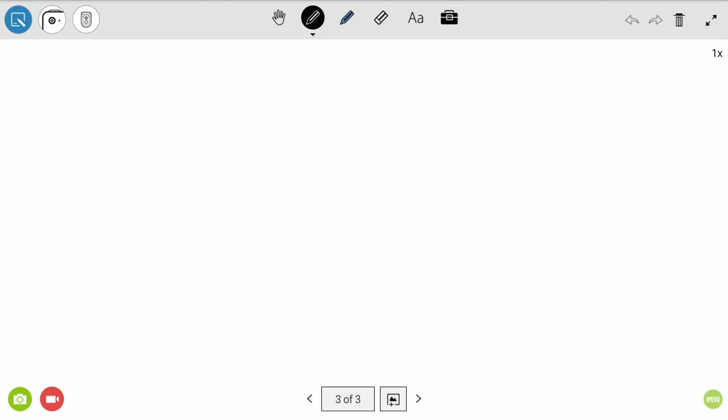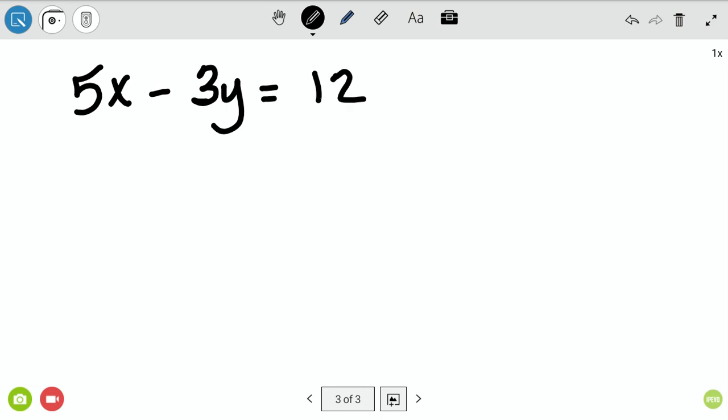All right, so let's do another one. So if we have 5x, go ahead and put this in your notes, minus 3y equals 12. Okay, 5x minus 3y equals 12.